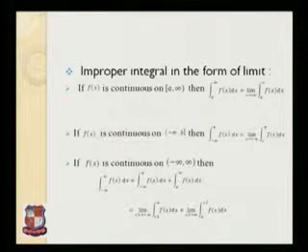Next, if f of x is continuous on minus infinity to plus infinity, then integration from minus infinity to plus infinity of f of x is equal to integration from minus infinity to a of f of x plus integration from a to infinity of f of x dx.